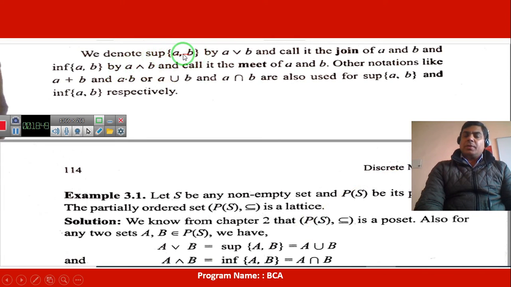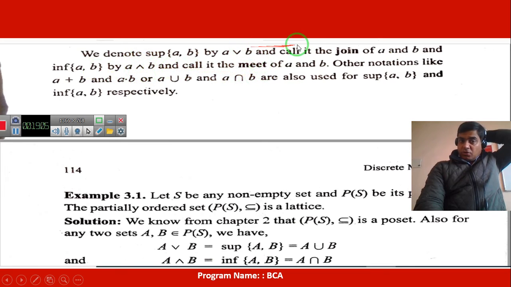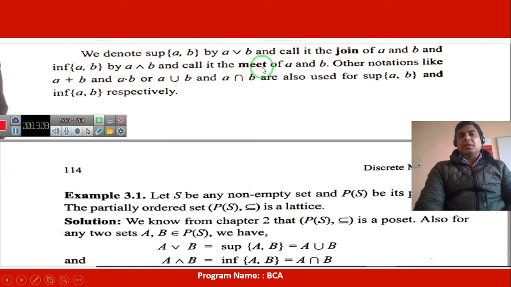We can write the supremum of A and B as A disjunction B, called the join of A and B, and the infimum is denoted by the conjunction A conjunction B, called the meet. Disjunction is called join, and conjunction is called meet. In general language, we use the plus sign for join and the dot sign for meet.